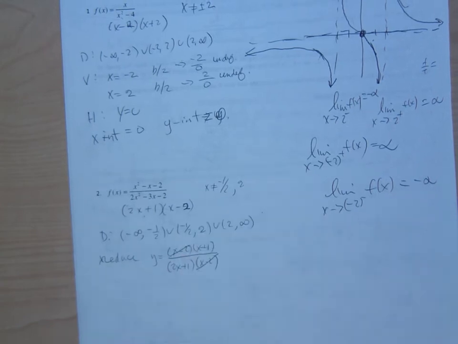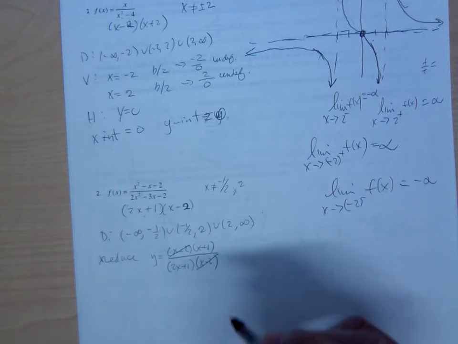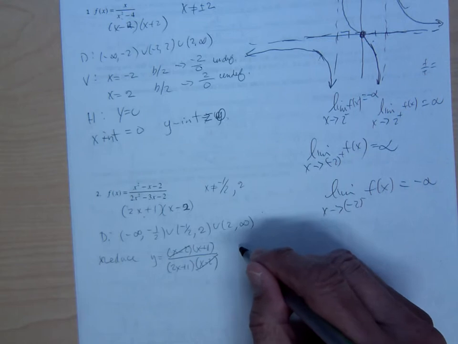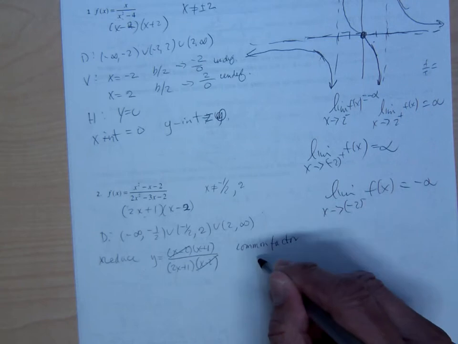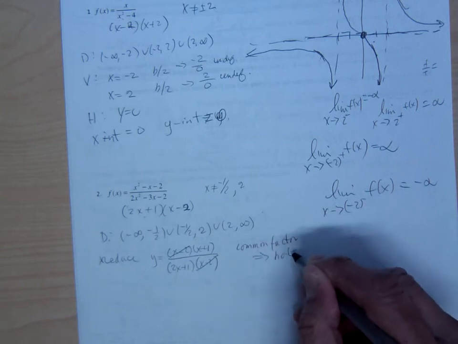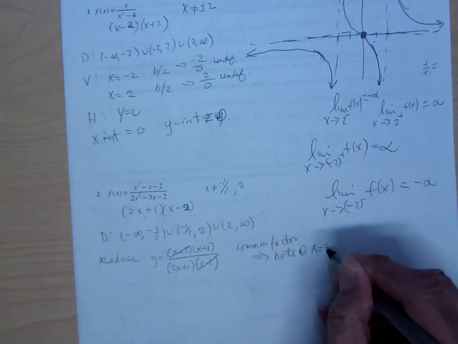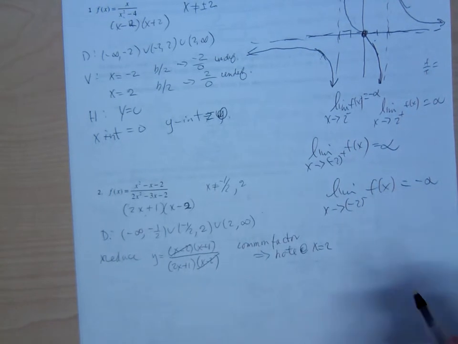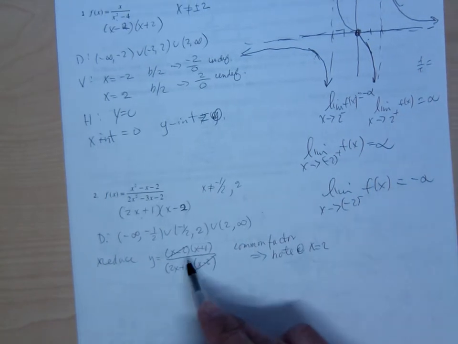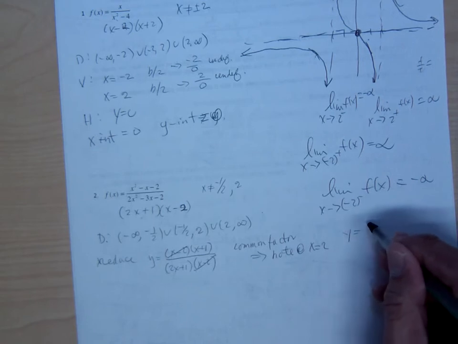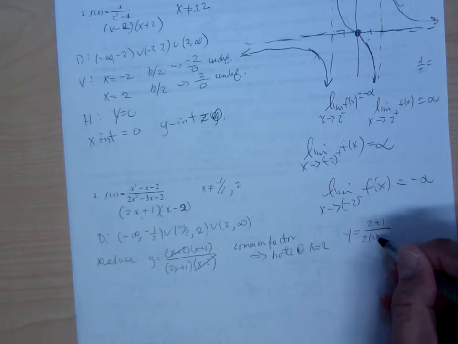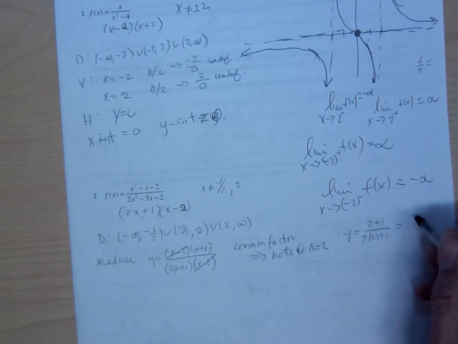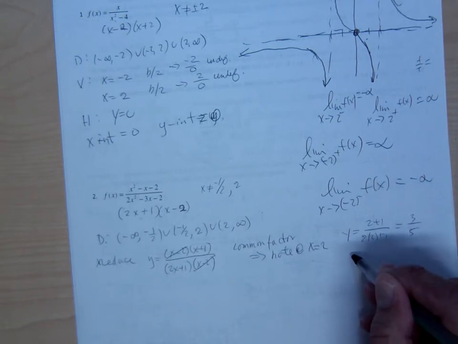And what does that tell you? A common factor implies a hole at x equals 2, right? To find the y value, you just replace x with 2. So y equals 2 plus 1 over 2 times 2 plus 1, and that would be 3 over 5. So the hole would be (2, 3/5).